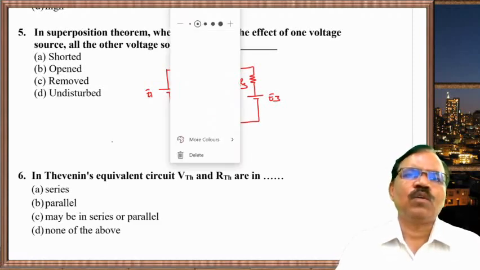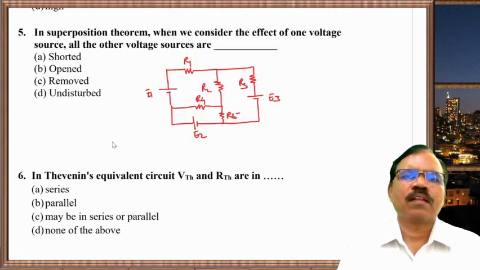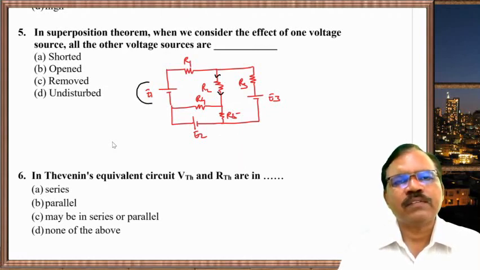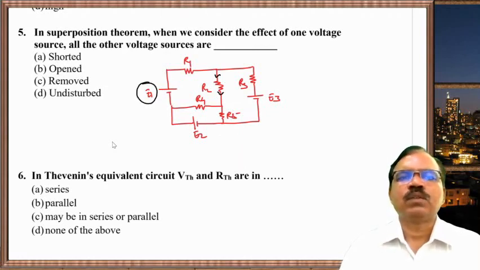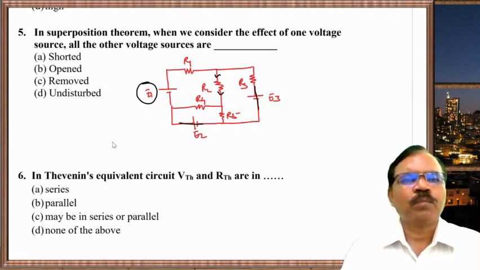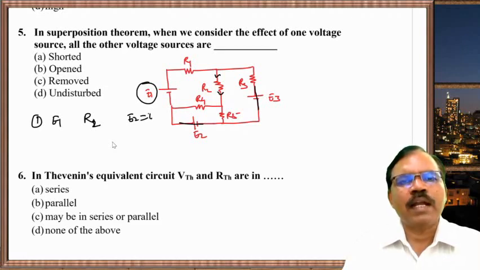Suppose we want to find the current through this resistance R2 due to source E1. Then we have to short the other sources. So first we find the current through R2 due to E1, shorting E2 and E3.